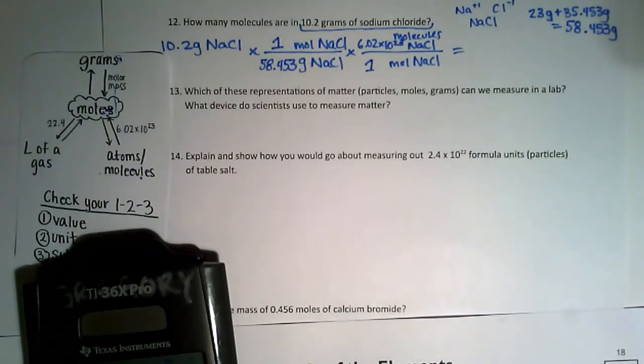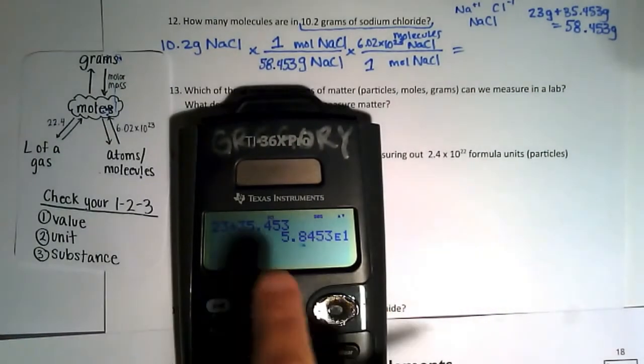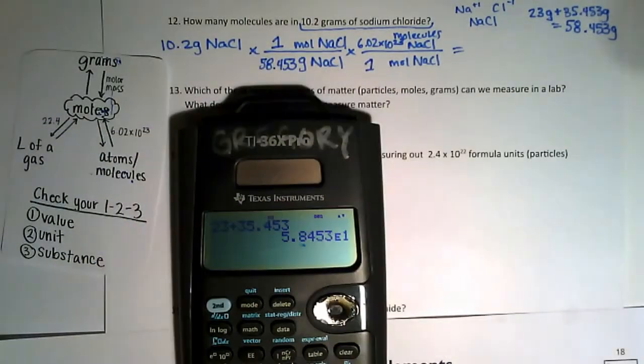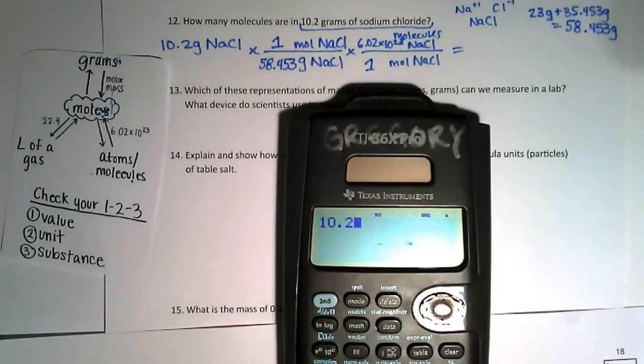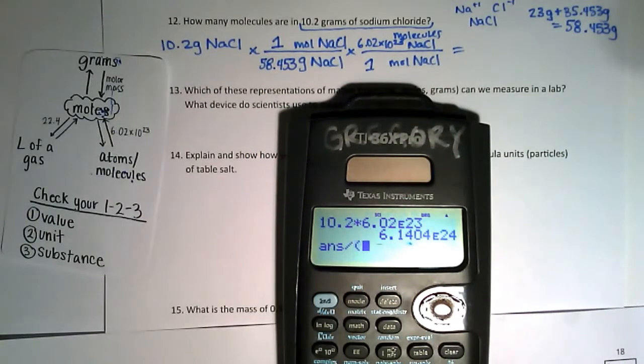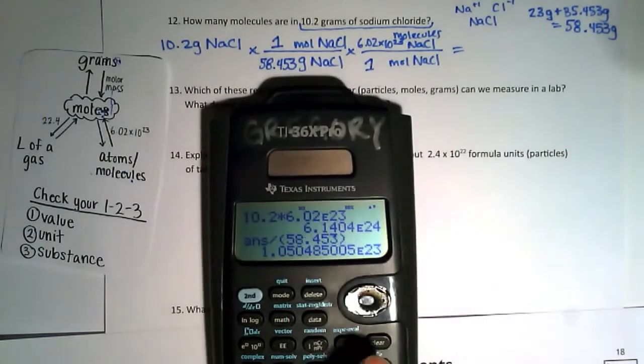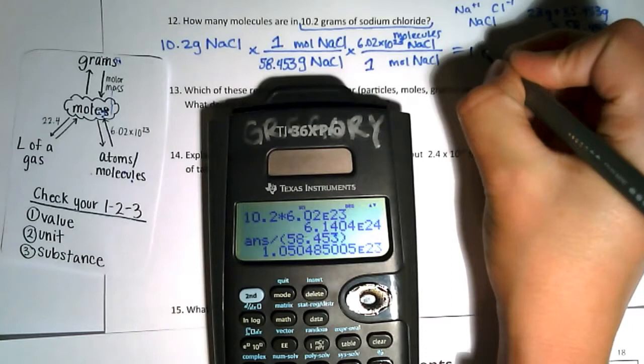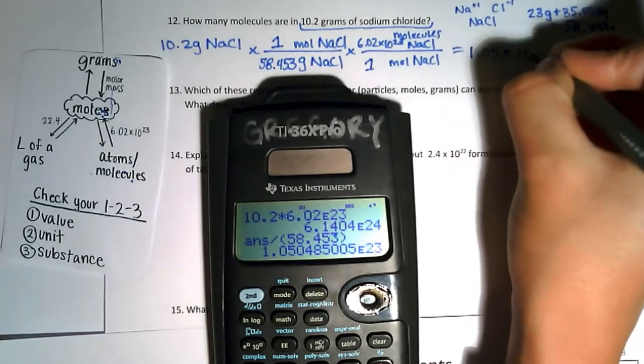Now we just need to multiply and divide. So we have 10.2 times Avogadro's number on top, 10.2 times 6.02 e to the 23rd, divided by what is on bottom, so divided by 58.453. That gives us 1.05 e to the 23rd. 1.05 times 10 to the 23rd.